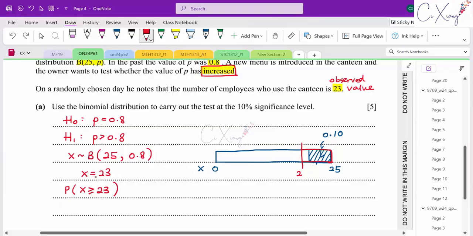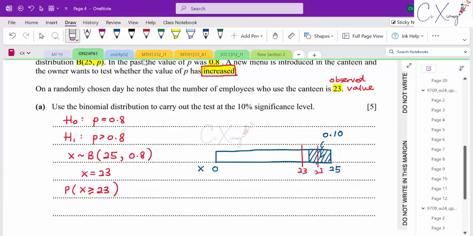If I calculate x equals 23, the probability that I get is only a single line. You actually don't know how to draw it up, because it is not the whole area, but only a single probability.